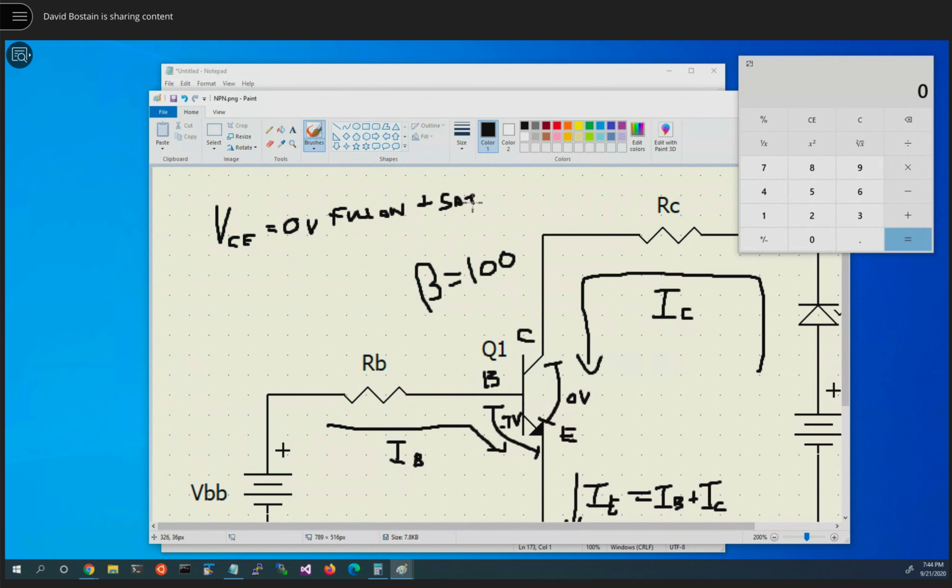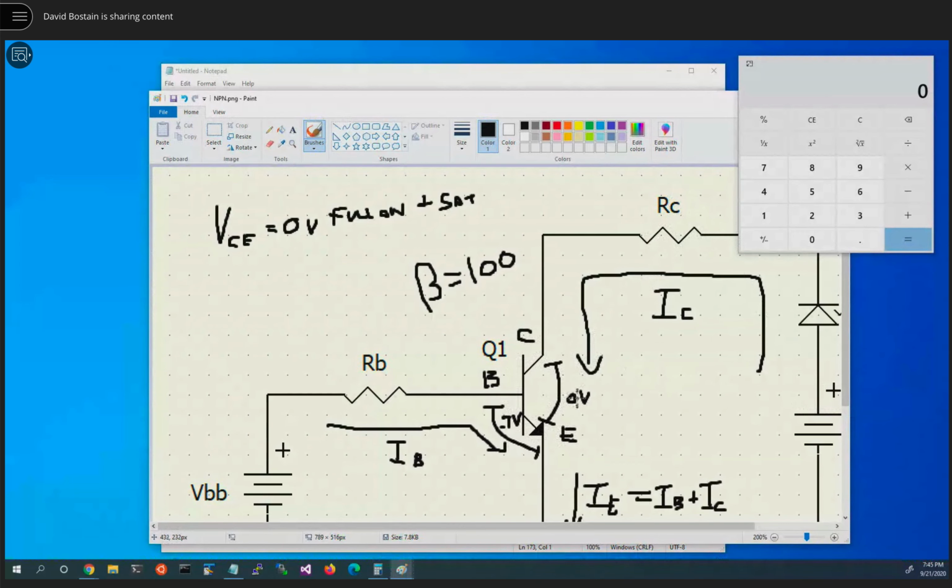If it's not fully on, no current is flowing, or we're in the amplification range. If we're in the amplification range, we could compute what beta is, and we'd see that we don't want to be there. If no current is flowing because this is reverse biased in both directions, then the voltage we see here will be equivalent to the top of the battery because nothing can drop across the resistor.